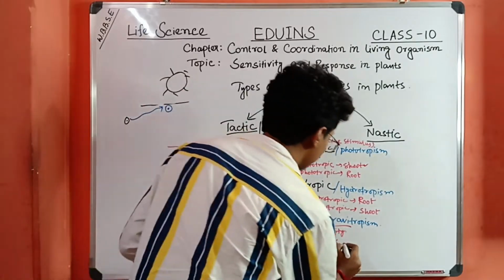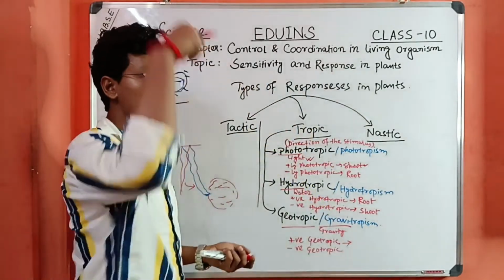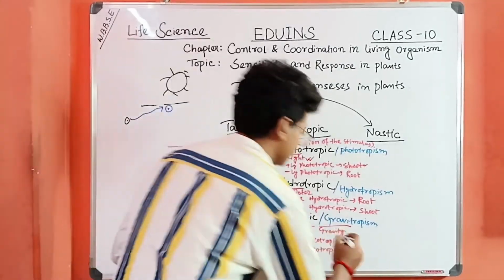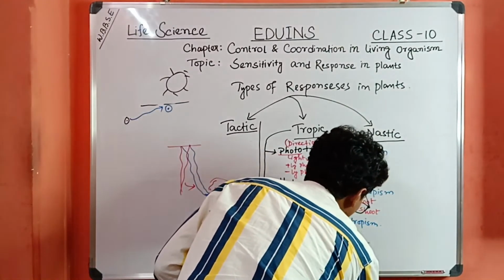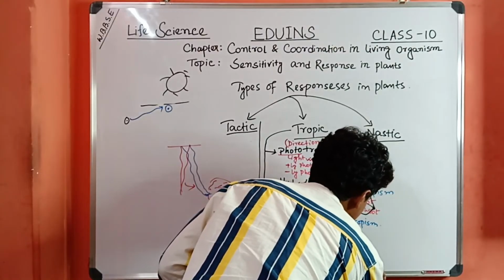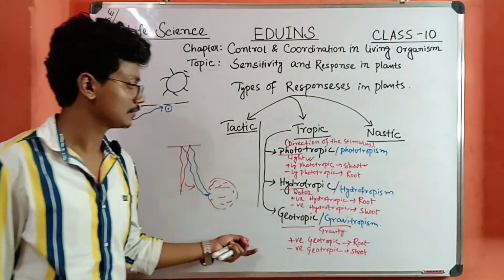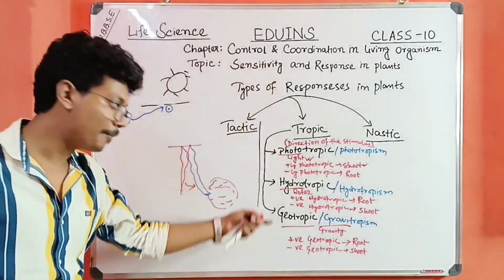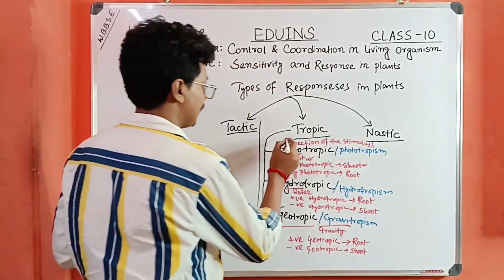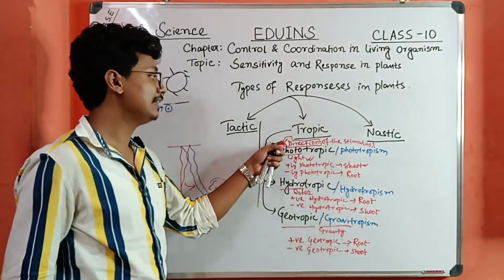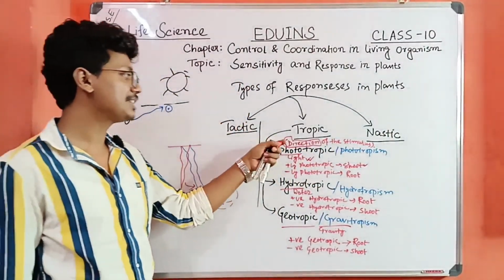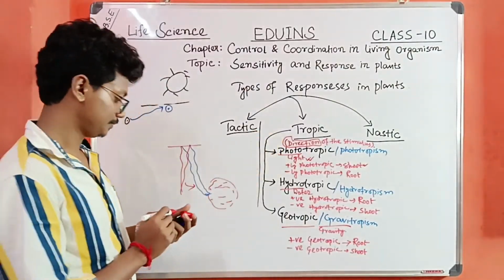Okay, positively geotropic, of course, root goes towards the gravity and shoot always grows against the gravity. Okay, this is the tropic movement of the plant. And what is tropic movement? Once again, that depends on the direction of the stimulus.